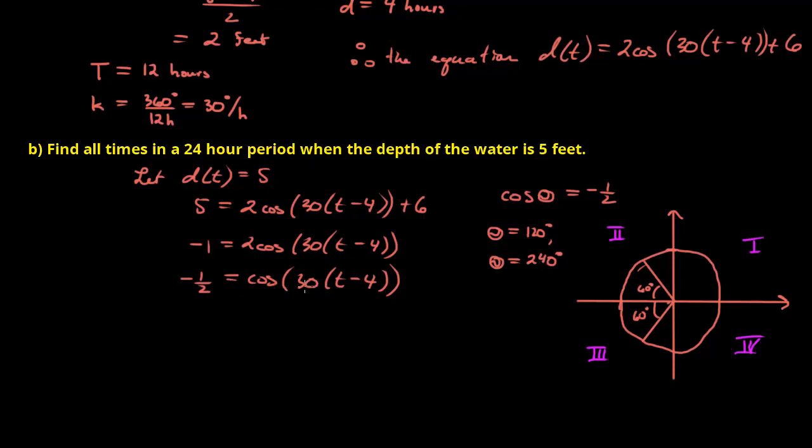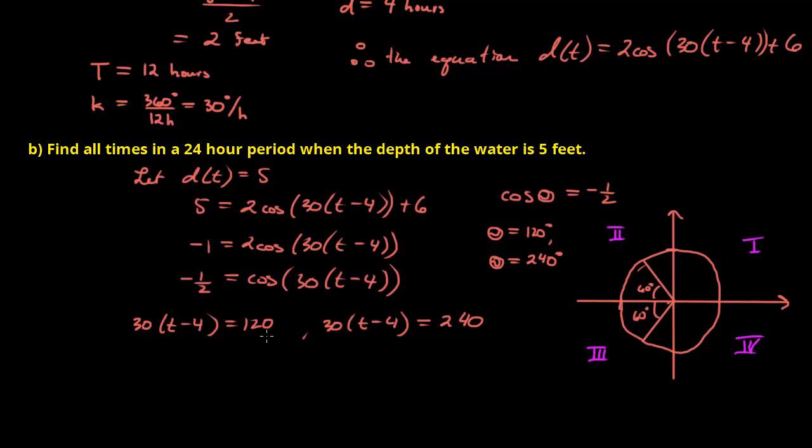So that means that there's two values for 30 times t minus 4 in a single revolution that satisfy this equation. We have that 30 times t minus 4 could be equal to 120, or 30 times t minus 4 could be equal to 240.